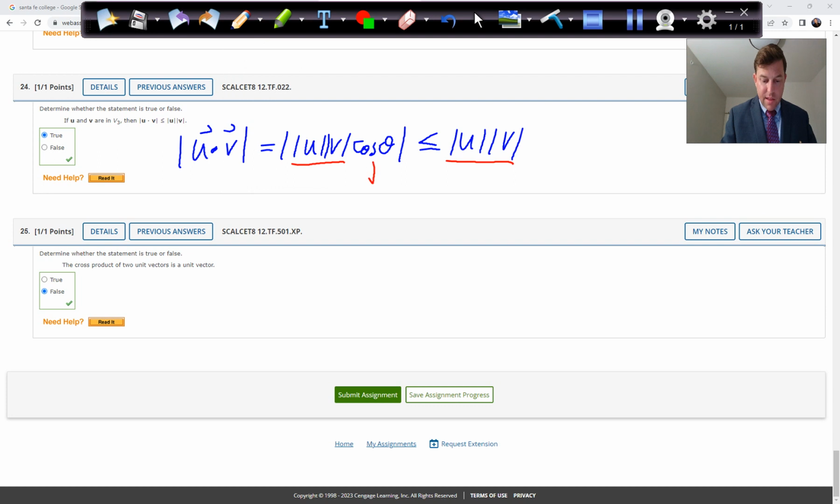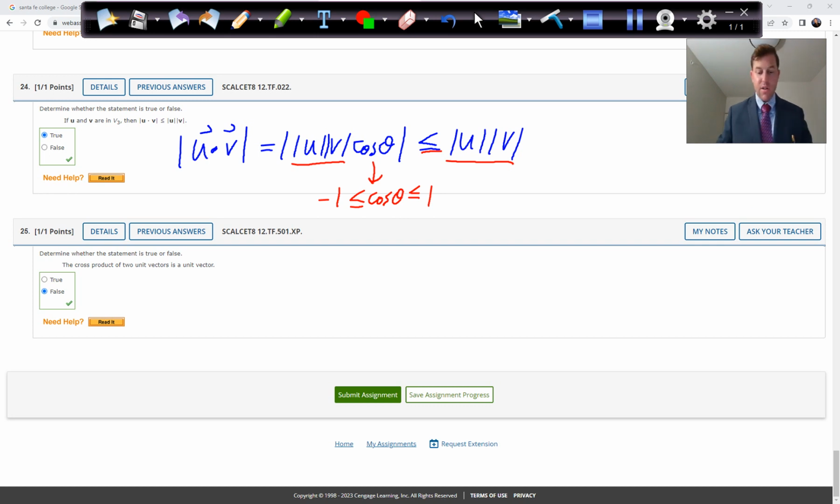And cosine theta will always be bound between -1 and 1. So the biggest this can ever be is when cosine is 1 and you get uv equals uv. That's this equal sign right here. But typically cosine is going to be smaller than 1, so half, a third, something like that. So this is always going to be smaller than this side. So this one's true.